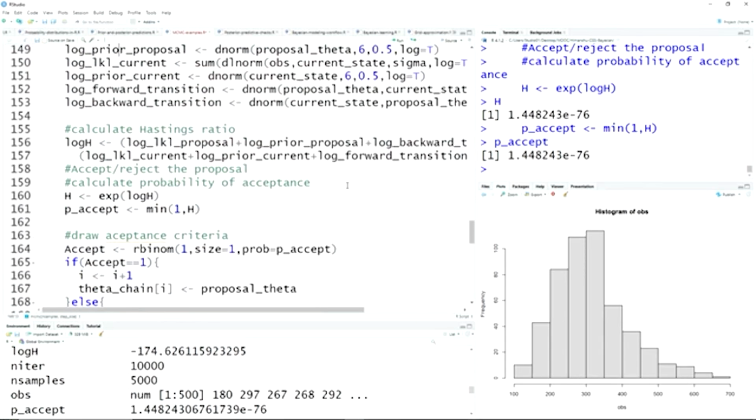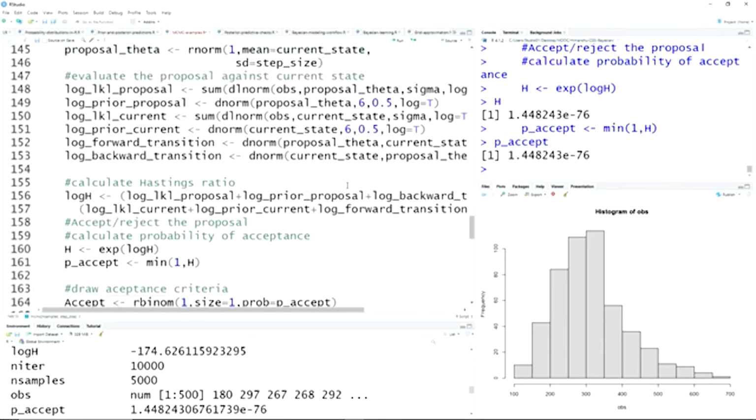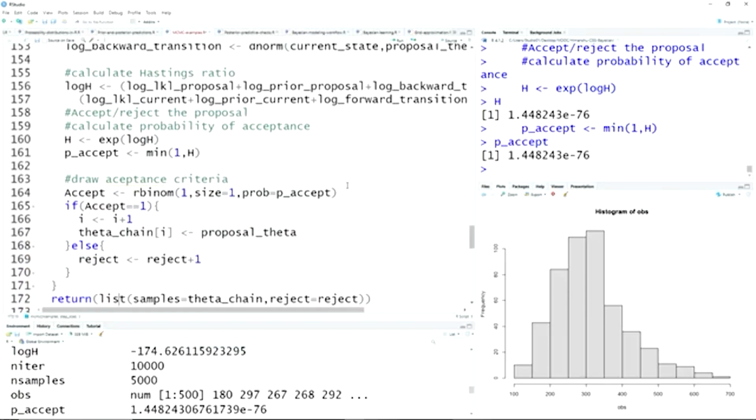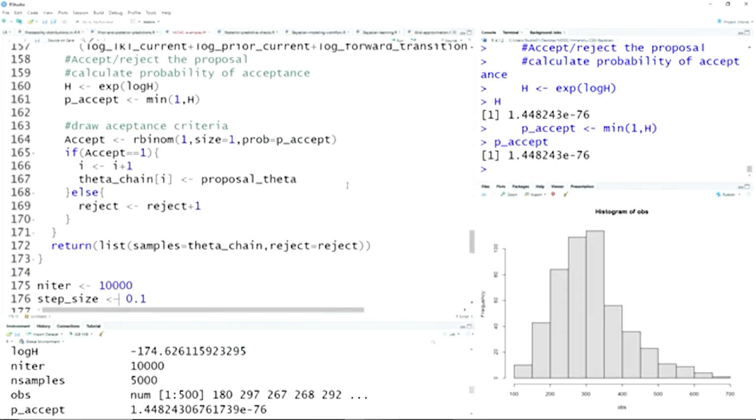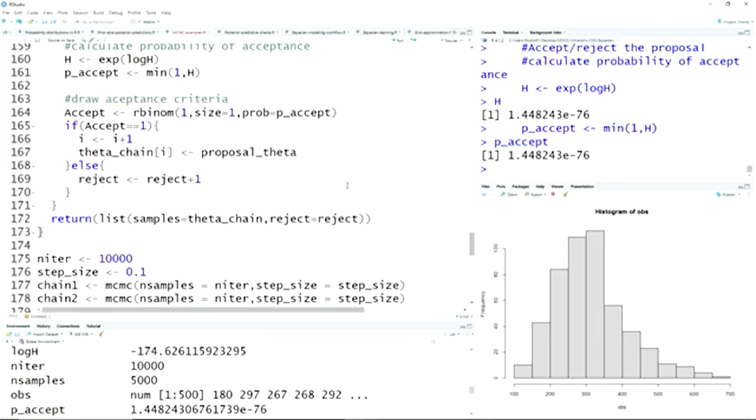Okay, so this is how I'm basically now dealing with this problem. I calculated everything on log scale and operating on log scale now. I calculated log h, which I transformed into h, and I calculated probability of acceptance from this. Okay, so let us try this.